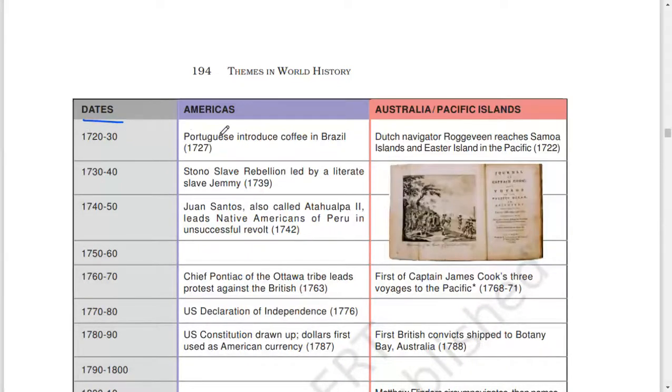Dates: Americas, Australia or Pacific Islands. 1720 to 1730, Portuguese introduced coffee in Brazil, 1727.